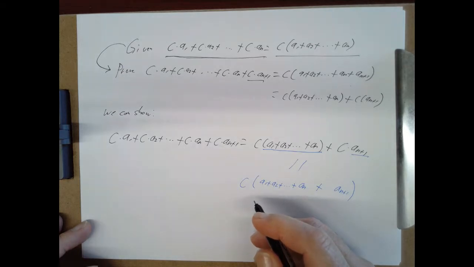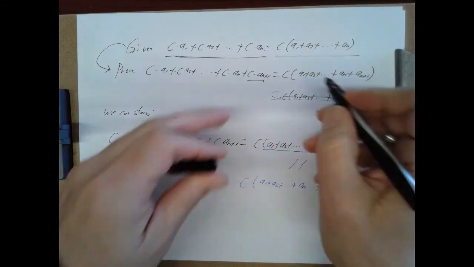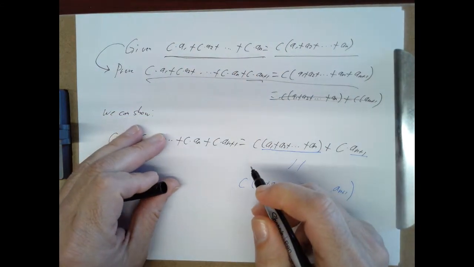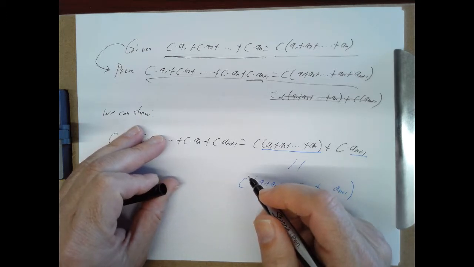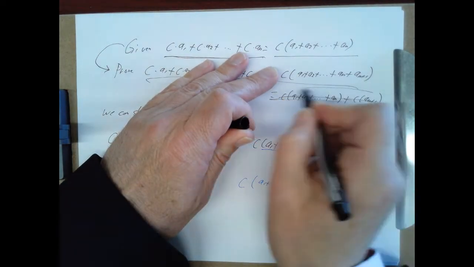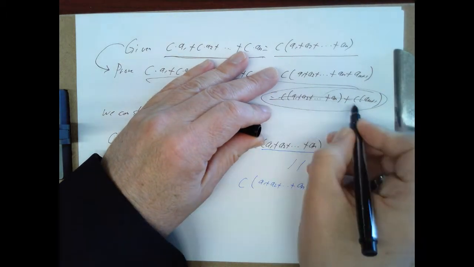So we can show that, well, we don't know this. Okay, this is the problem. We haven't shown this yet. So we can't derive anything from that. Right, this is what we're trying to show. And we can show that this right-hand side is equal to this thing that I just mercilessly crossed out. It's equal to c times this plus c times that.